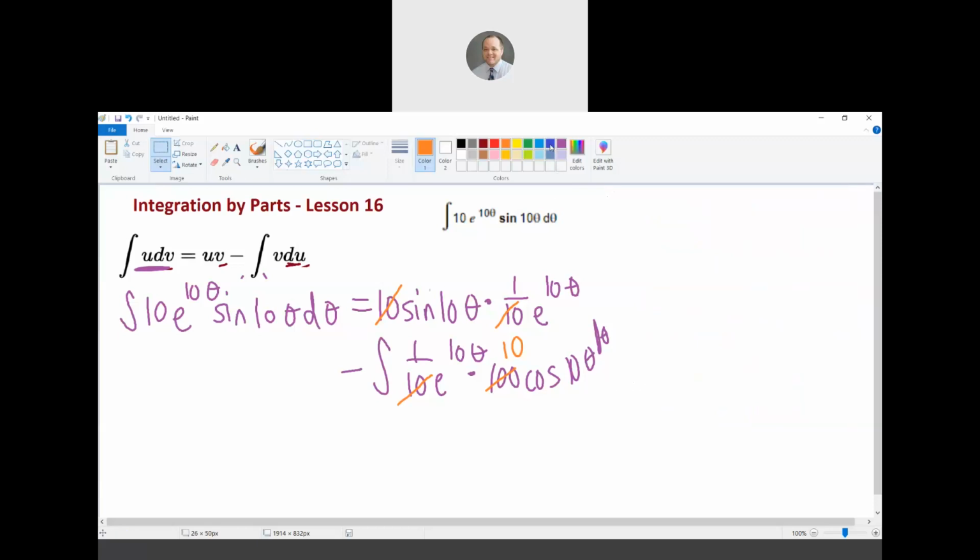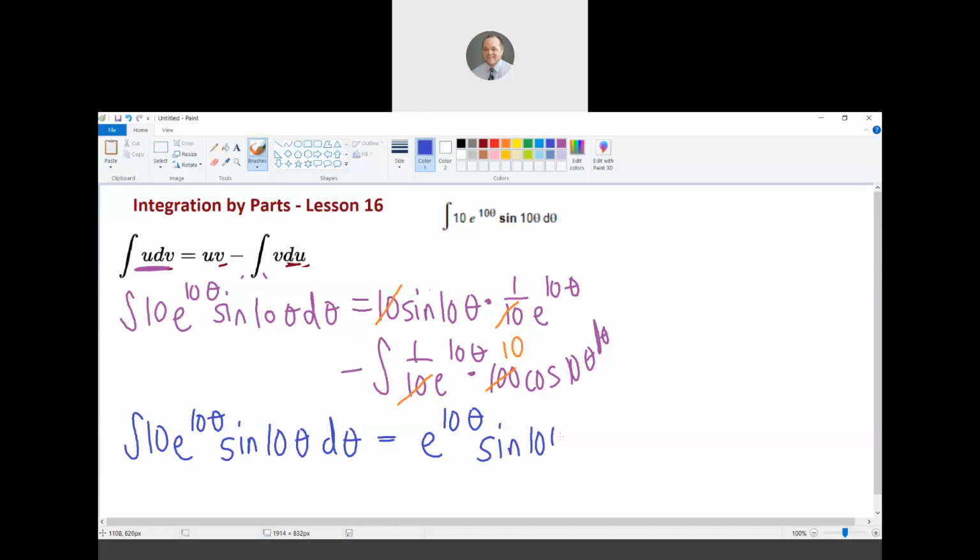Now let's write down what we currently have. We have the integral of 10 e to the 10 theta sine of 10 theta d theta equal to e to the 10 theta sine 10 theta, minus the integral of 10 e to the 10 theta cosine 10 theta d theta.